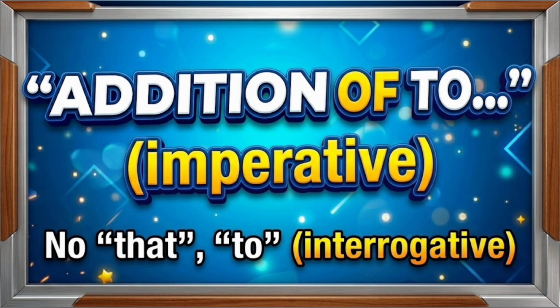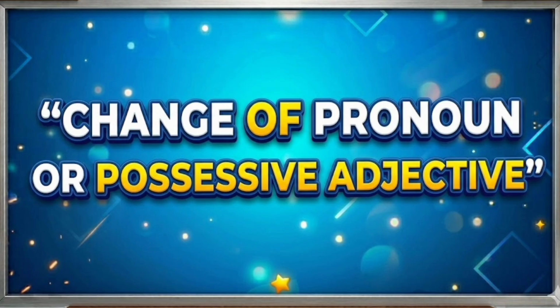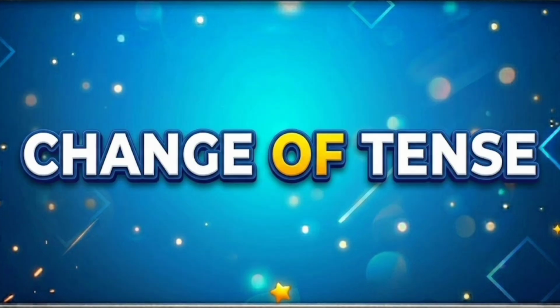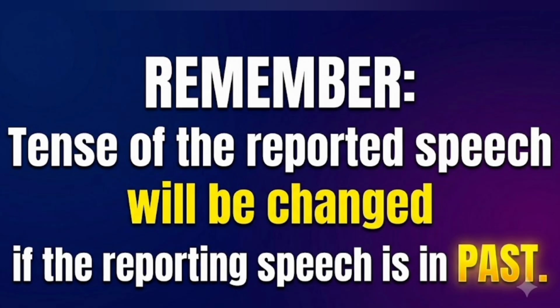Then we studied about change of pronoun, that has been already discussed in detail. Now the next rule is change of tense, that is the important one, and it is going to be implemented when our reporting speech is in past tense. So change of tense of reported speech occurs.